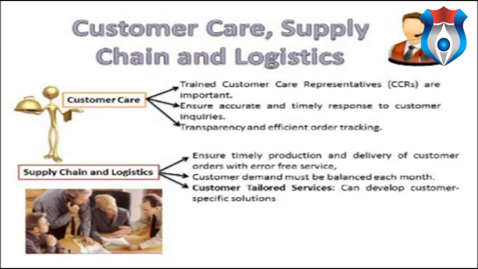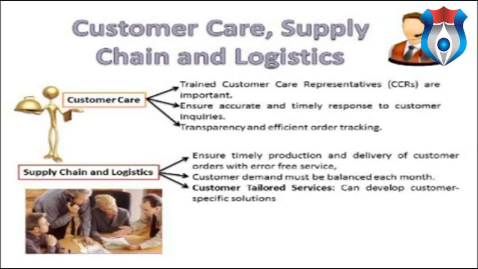Customer care, supply chain, and logistic. We have to keep in mind that training customer care representatives (CCRs) is important. We have to ensure accurate and timely response to customer inquiries, transparency, and efficient order tracking.